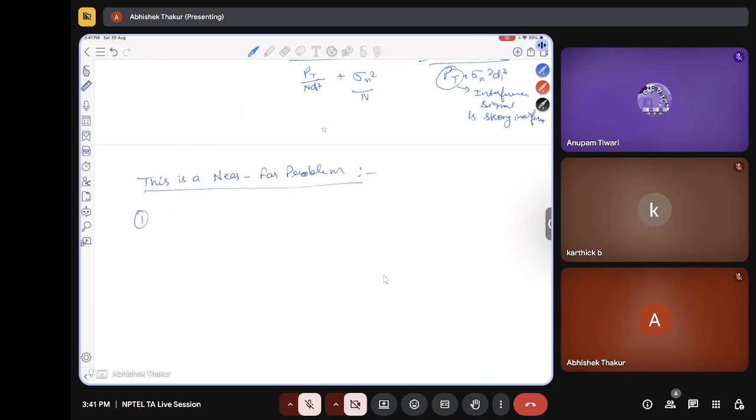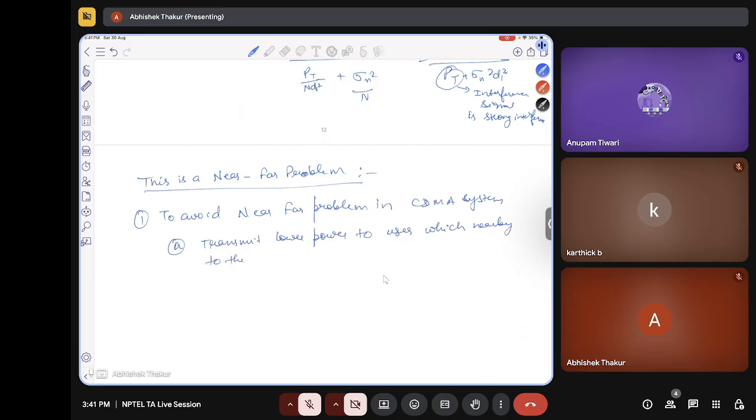So to avoid the near far problem in CDMA system, we have to transmit lower power to the user which is nearby to the base station, and higher power to the user which is far from the base station.